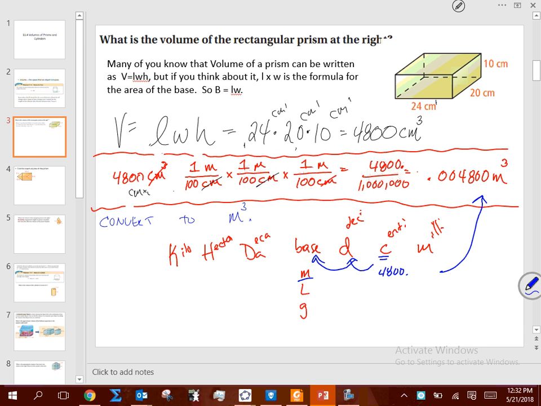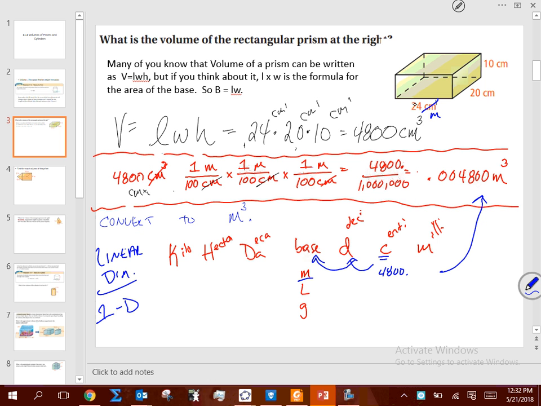Because right there, this slider is for linear dimensions, okay? Or one-dimensional things. So really all I've done there, if I move that decimal place 1 spot to the left, it's really only changed that dimension to meters. Okay? Yes.